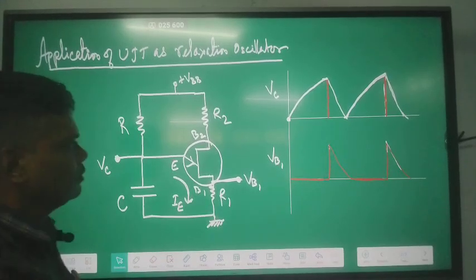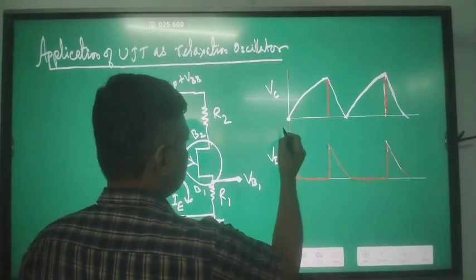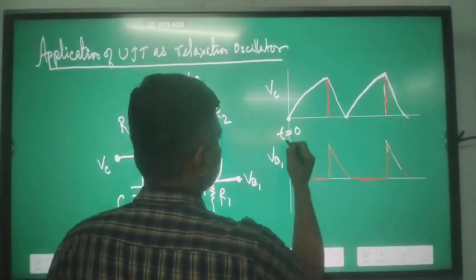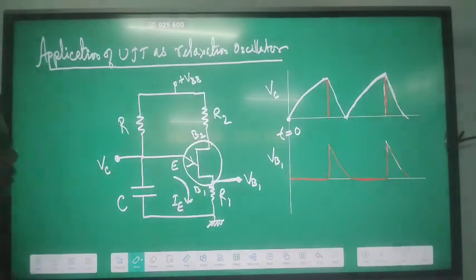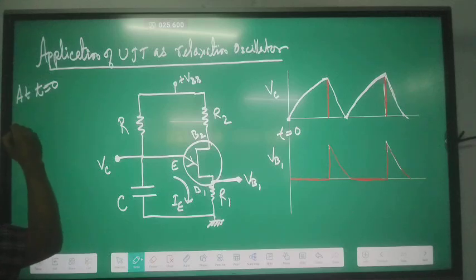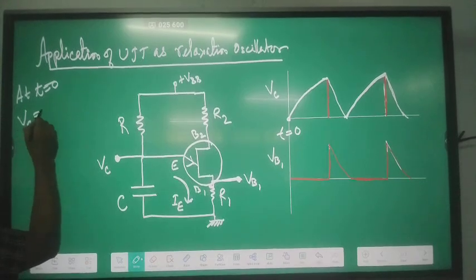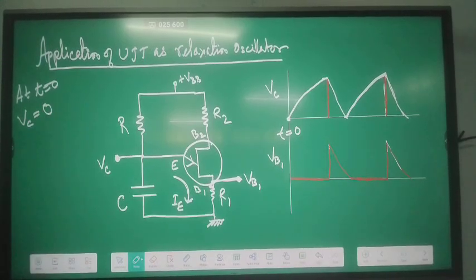For that purpose, let us take the time t to be 0. So let us consider at t equal to 0, the voltage across the C, which is Vc, is equal to 0.